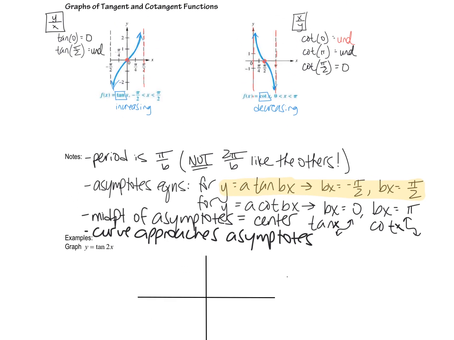Remember here, the asymptotes for tangent are at negative pi over 2 and pi over 2, and that's where these come from. Okay, and that's affected by the b value, but the same thing for the cotangent graphs. I'll highlight those in a different color. For the asymptotes, you're doing bx, whatever the b is, equals 0 and equals pi. And that's because that's where those are undefined for cotangent. Okay, so those you already have memorized, but you're going to have to think about it in terms of writing the equation of the asymptotes.